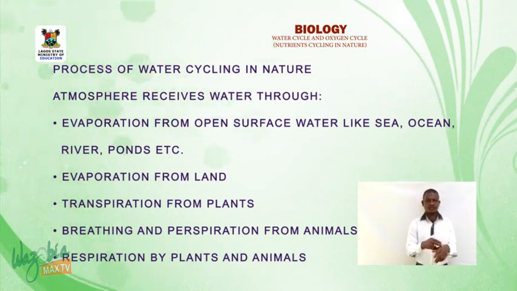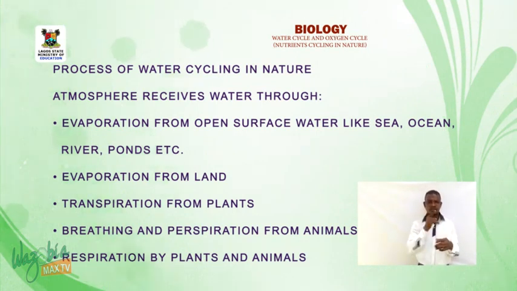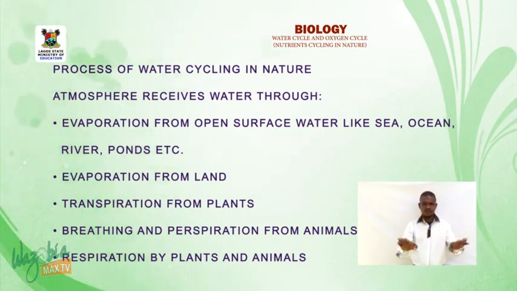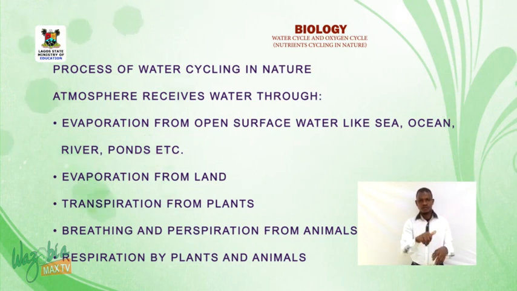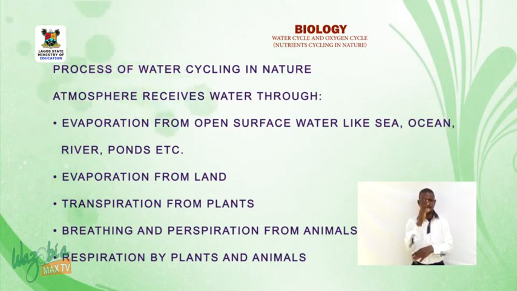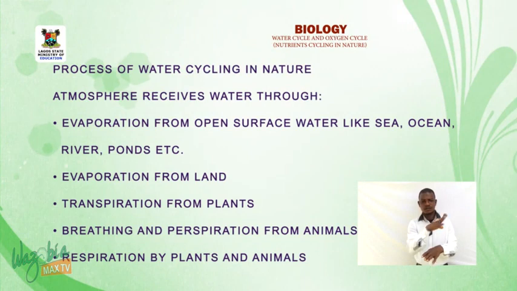Atmosphere receives water through evaporation from open surface water like sea, ocean, river, ponds, and so on. Evaporation from land, transpiration from plants, breathing and perspiration from animals, respiration by plants and animals.